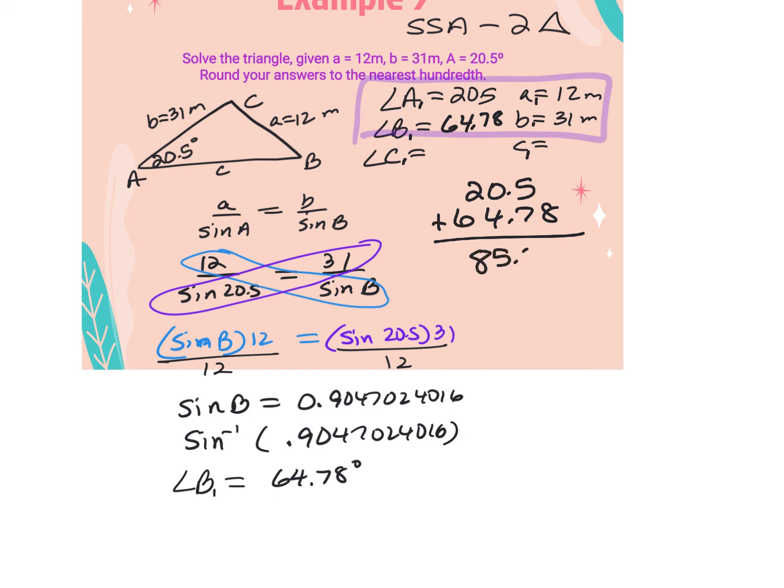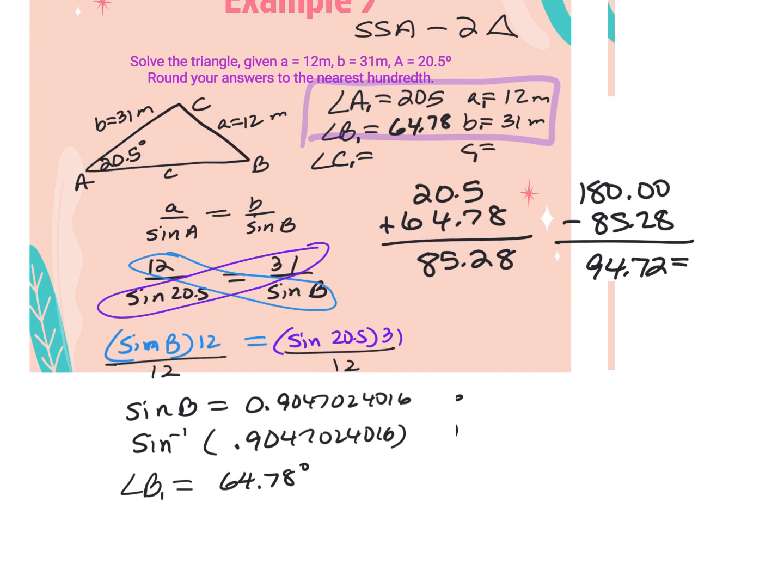I get 85.28. And then now I subtract that from 180. And I get 94.72 is equal to angle C. So this is the first angle C.